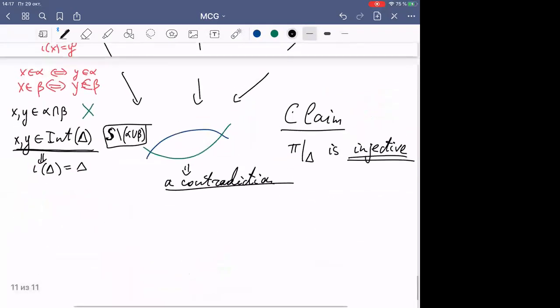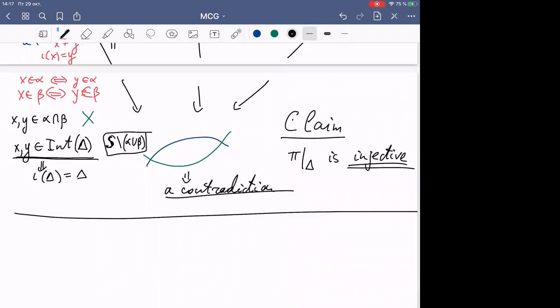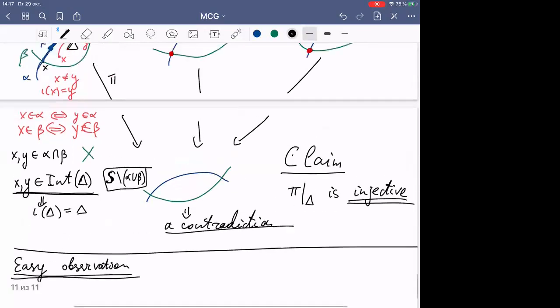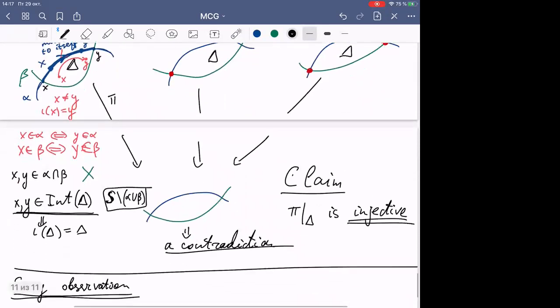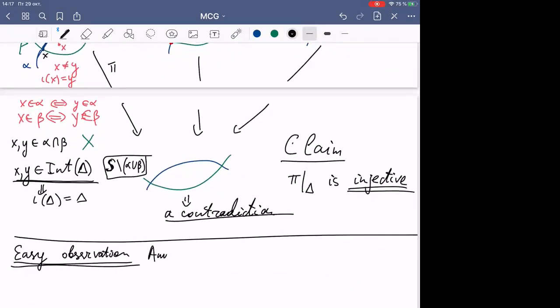There is an easy observation, which is a slight extension, slight improvement of Brouwer theorem on fixed point.